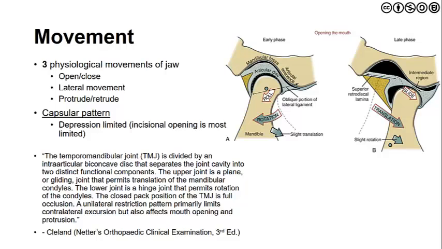So as we open in the early phase, there is a roll in the posterior direction as well as rotation and slight translation anterior-inferior. There's then a slide or glide in the anterior direction as well that enables the portion of the mandible to glide over that articular eminence. So it kind of unseats from the mandibular fossa and will glide anterior-inferior. The inferior part is really important, otherwise it's not going to make it over that articular eminence, right? And so that's with the more late phase of opening.